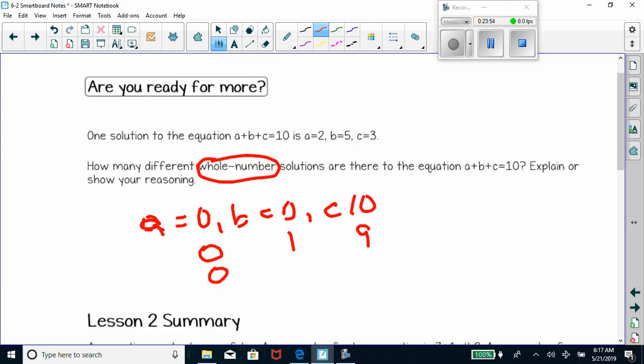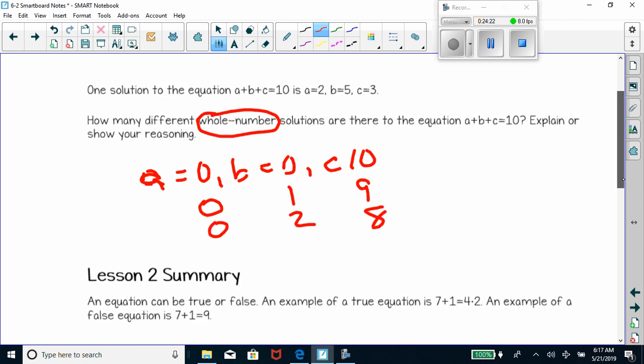And if A equaled 0, B could equal 2, and then C would equal 8. And you could go down the list for this. And then you would have to do the same thing all over again. If A equaled 1, B equaled 0, C equaled 9. It would really take more room than we have here and more time. So maybe we will do this later if we have time.